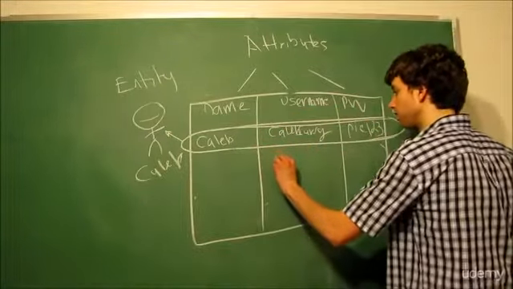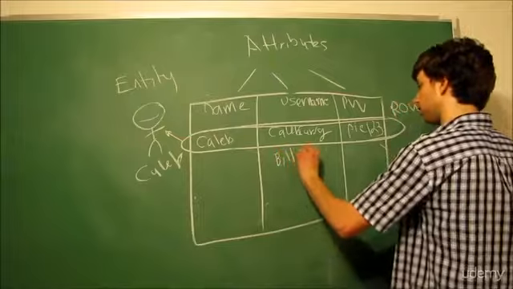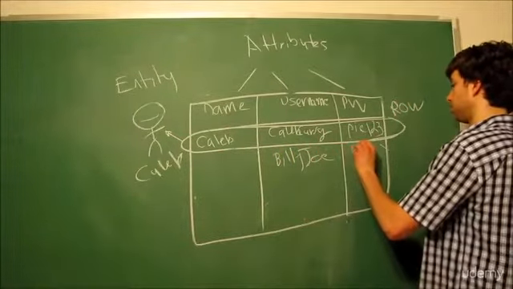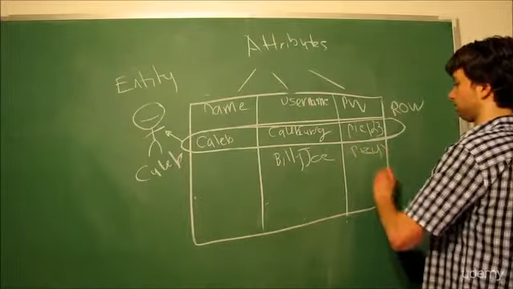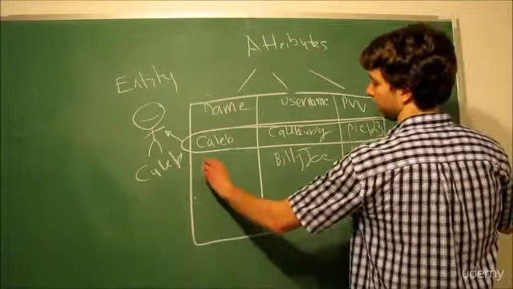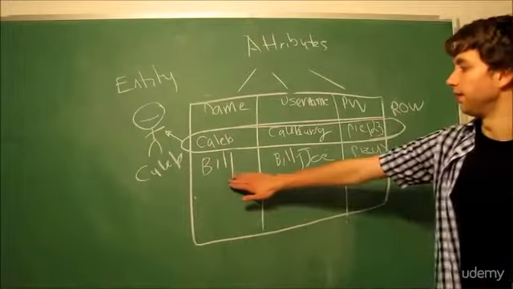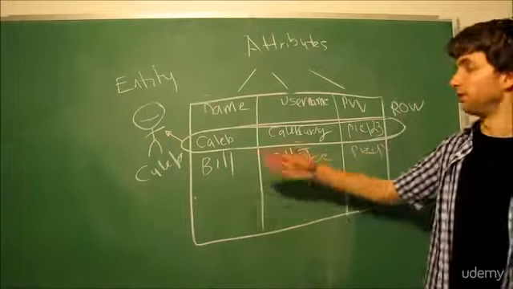We could have another person, Billy Joe, and his password can be pizza with a U, and his name can be Bill. This is another person in our table.